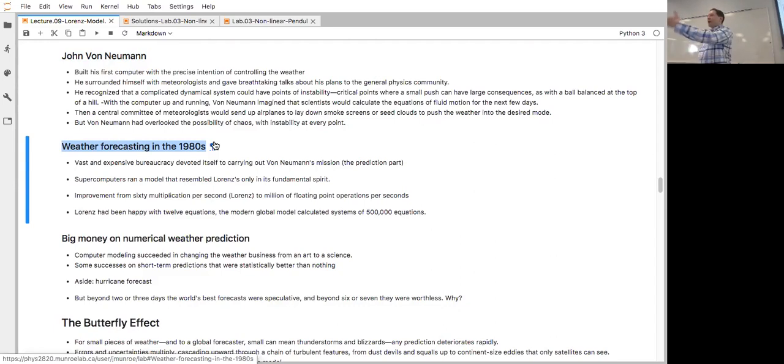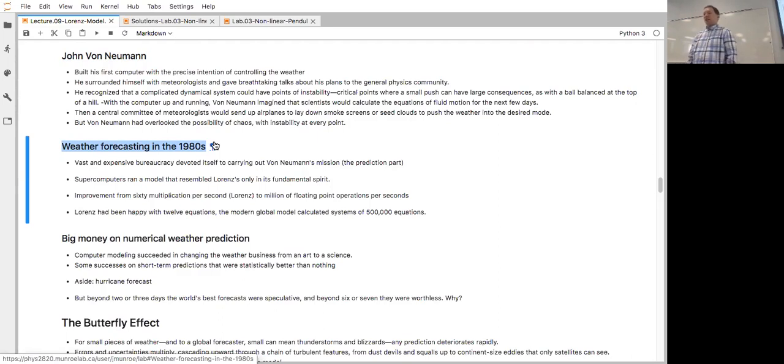Of course, the computers you have in front of you do billions of floating point operations per second. Lorenz had been happy with just 12 equations, enough to get the flavor of the weather. The modern global models had 500,000 equations, and today that'd be easily 500 million equations. Basically the temperature and the pressure at every point along the globe.